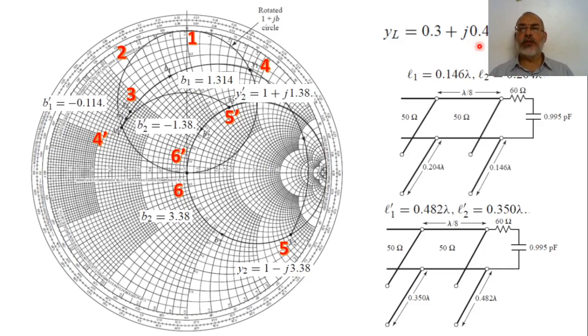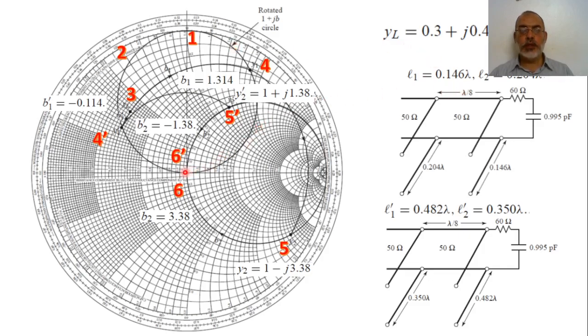As we said in the previous video, the first step in designing double stub tuning circuit is to allocate the rotated 1 plus jB circle. The diameter of the 1 plus jB circle rotated would be moved the distance lambda by 8 toward the generator.